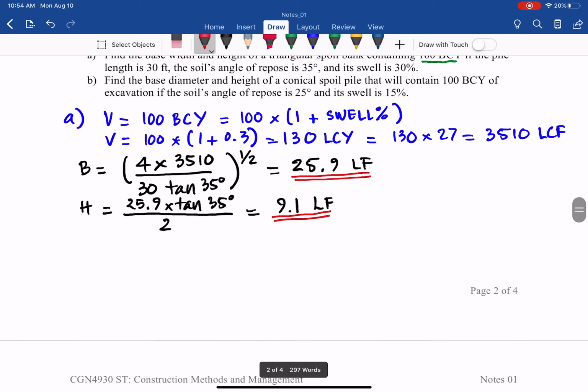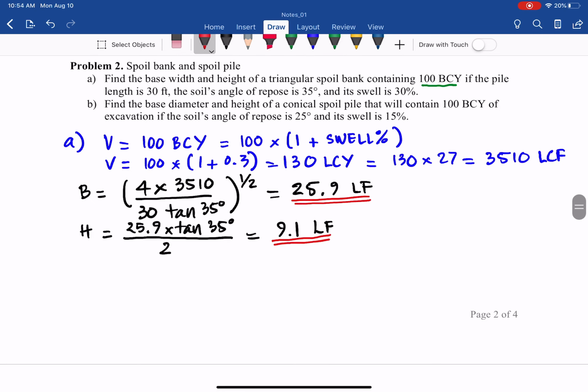And then similarly we do part B, and now we can do it a little bit faster. Find the base diameter and height of a conical spoil pile that will contain 100 bank cubic yards of excavation, with the angle of repose 25 degrees. And of course we do the same, with swell of 15%.